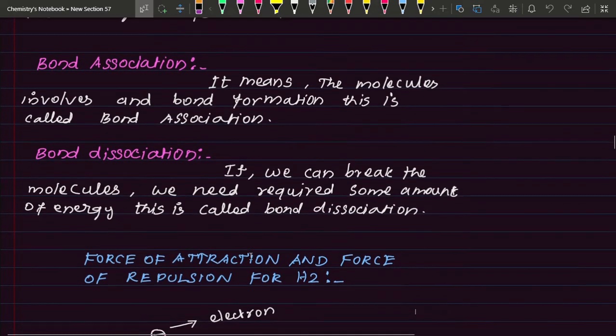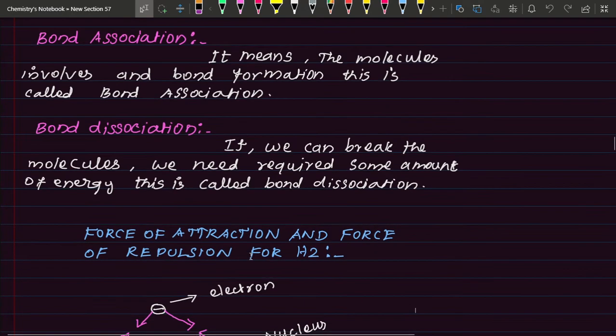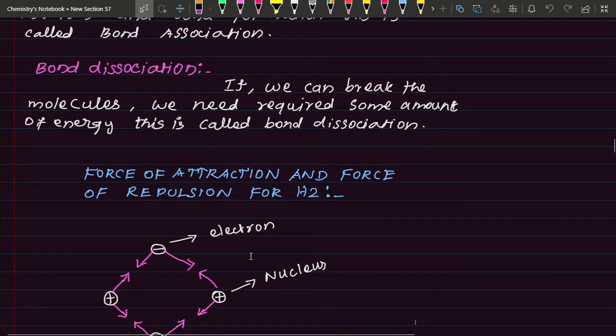This is called bond dissociation. Next, force of attraction and force of repulsion for the H2 molecule.